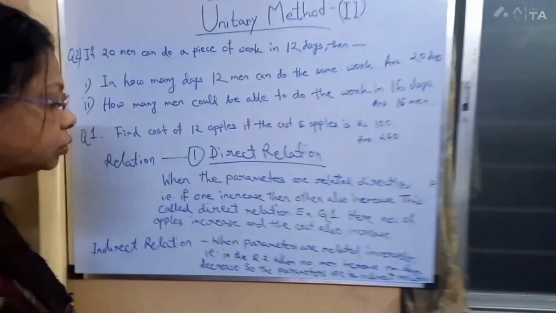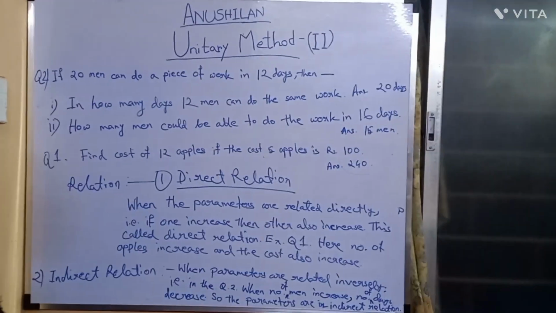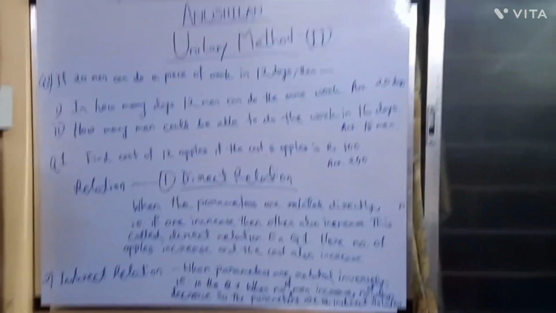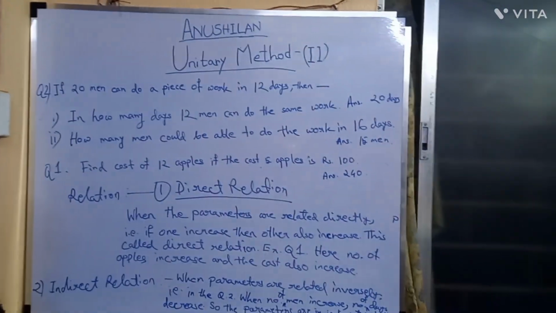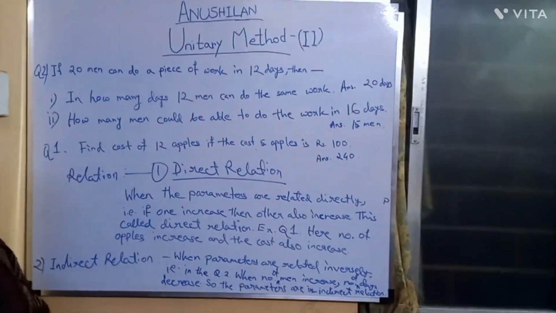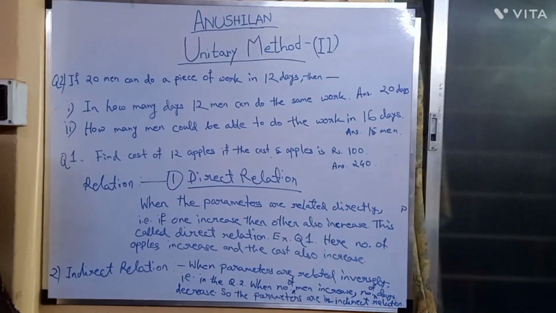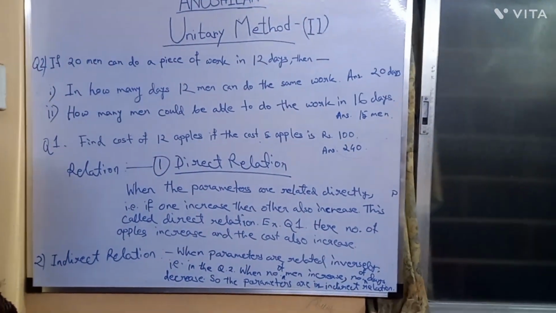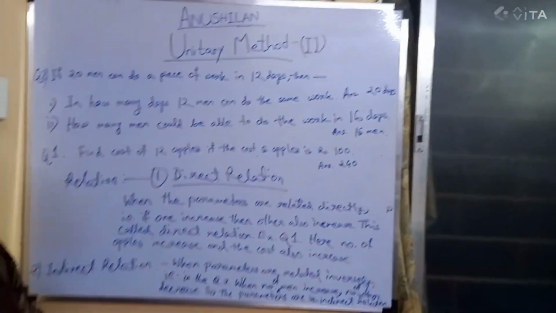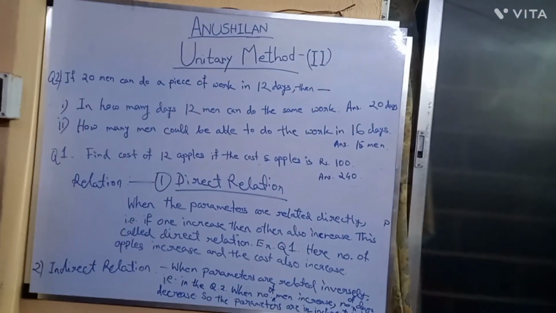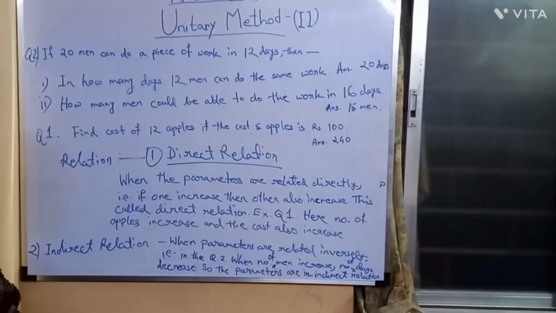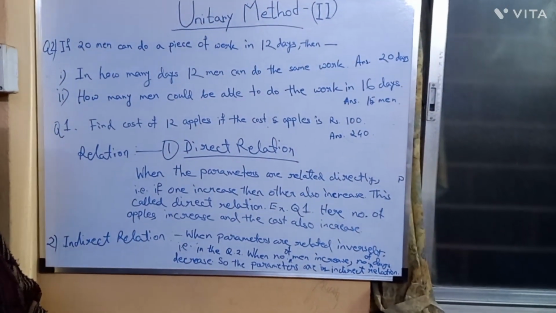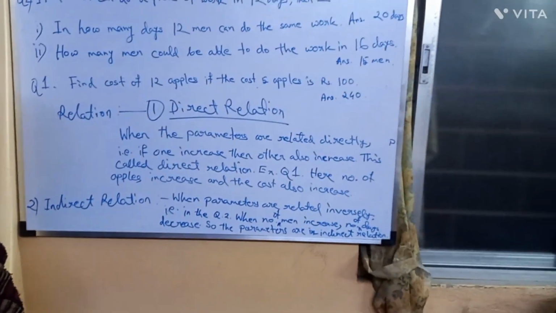Please write down. In the unitary method, two relations are there, direct and indirect. When the parameters are related directly, that means when one parameter increases and simultaneously the other also increases, like the cost of apples: when the number of apples increases, the total cost also increases. Then the parameters are in direct relation. What is indirect relation?